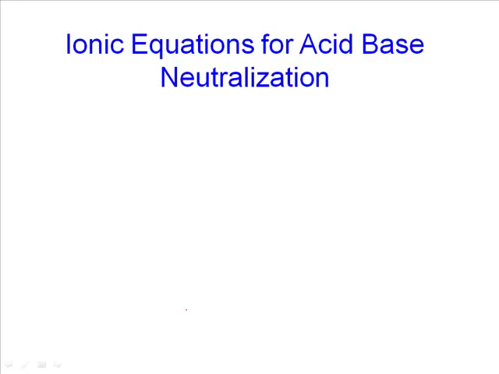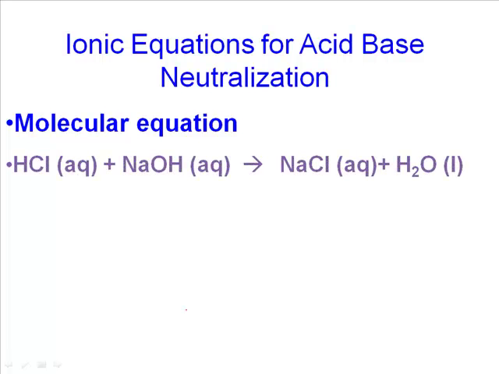So taking a look here at the reaction that we just talked about, the HCl plus the NaOH, this is the regular molecular equation. Now another thing that you need to make sure you remember is that the equation needs to be balanced. And hopefully you'll notice on this equation that it is balanced.